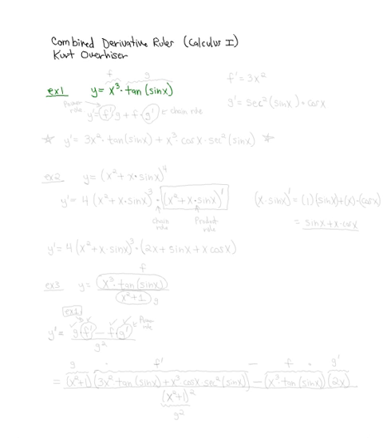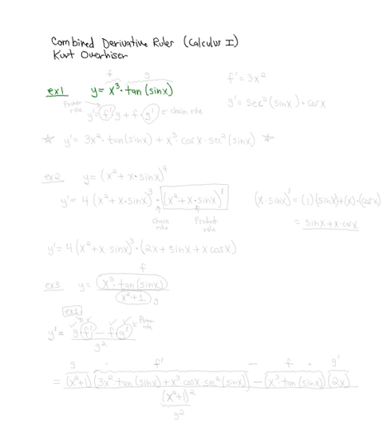So we'll be using the power rule, the product rule, and the chain rule in this example. And the order in which we use these rules is going to matter. So we're going to start off with the product rule first, because the product is what stands out to us the most.